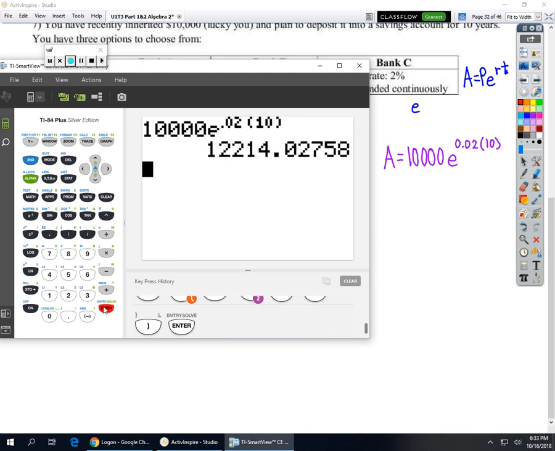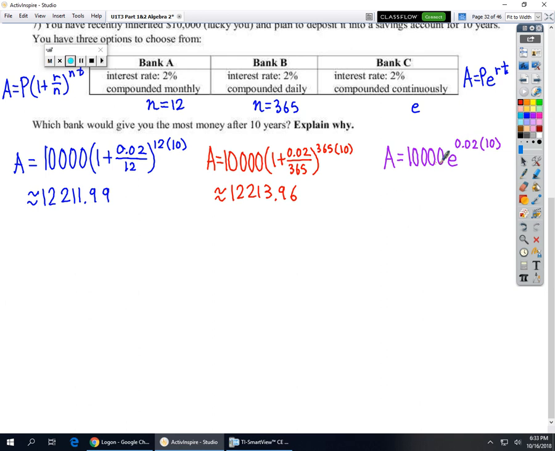Oh, all right. So I earned a little bit more, not really that much more though. So that is approximately equal to about 12,214.03. So the third bank definitely gave me the most money here.